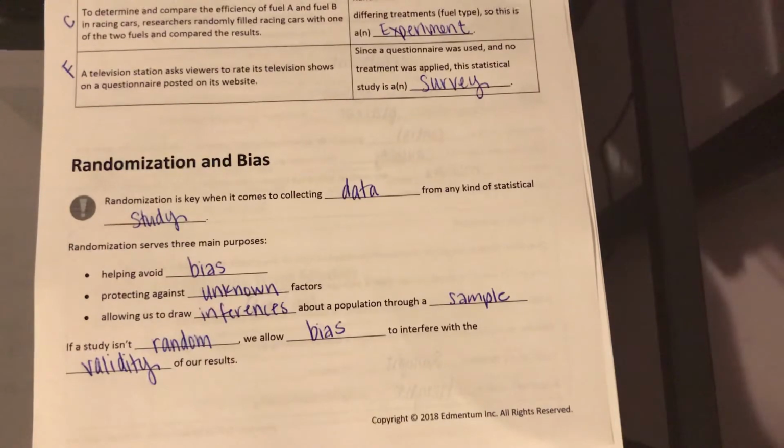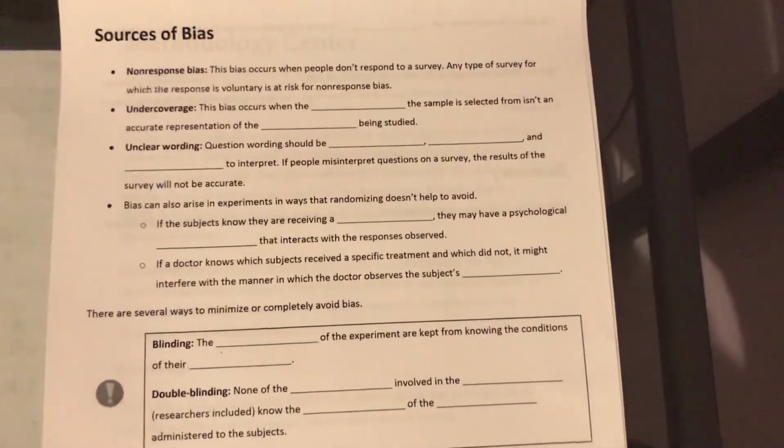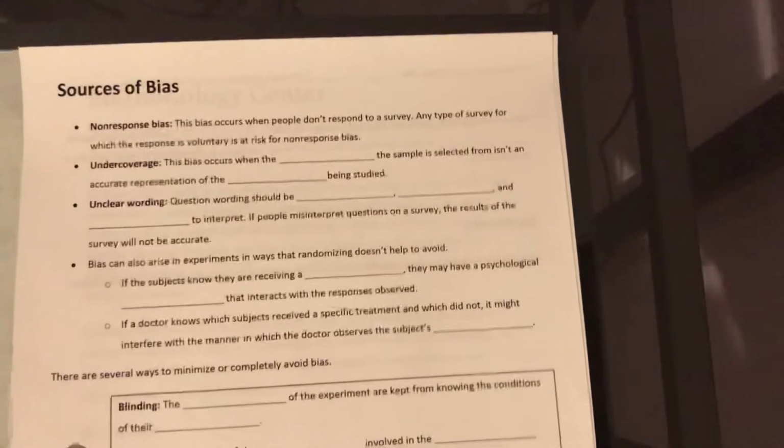So you're probably going to get a sample of mainly elderly people who are at home, probably retired, and have a landline phone. Now, obviously, that might not be the case, but that's more than likely what's going to happen. It doesn't give you a fair representation. So when that happens, your data is misconstrued, and it's not truly good data. Okay, so we're going to move on to the sources of bias.